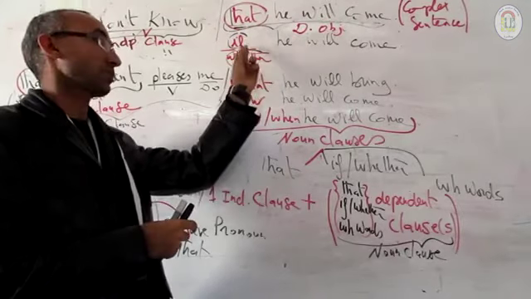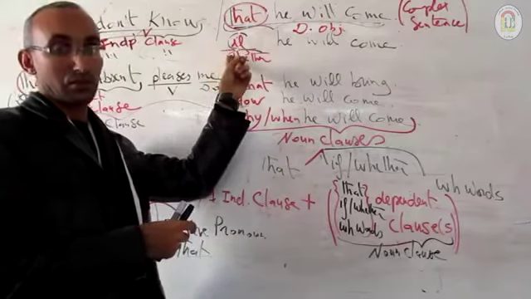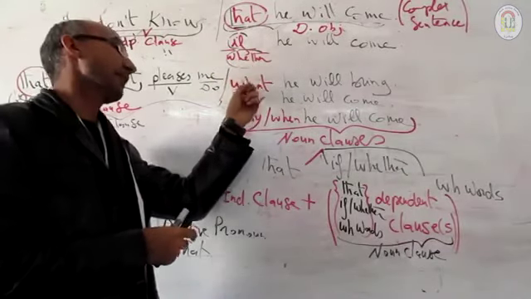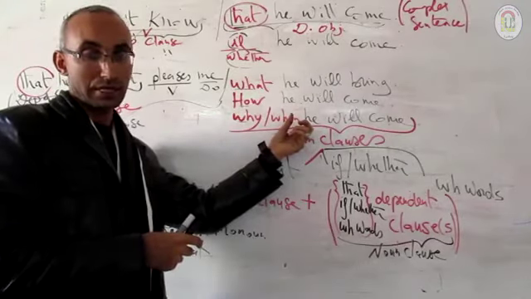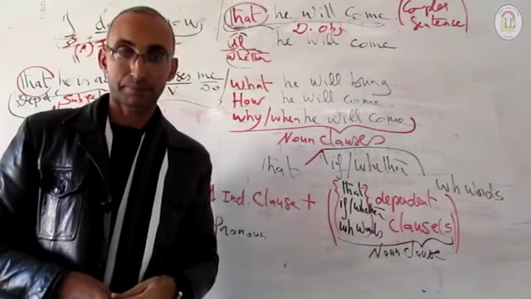Of course here if is not of the condition, but the answer of what? As an object. And WH words for my noun clause, to form my complex sentence. Alright, good.